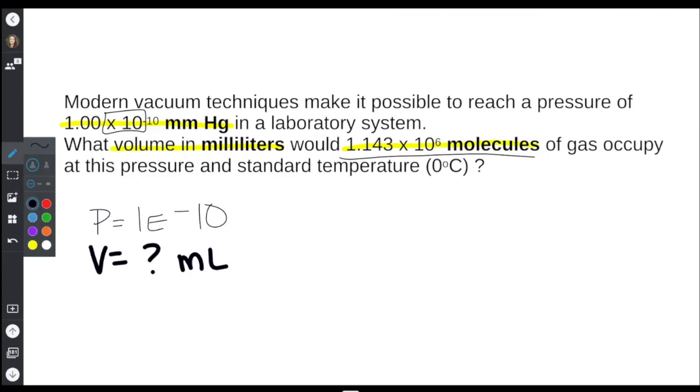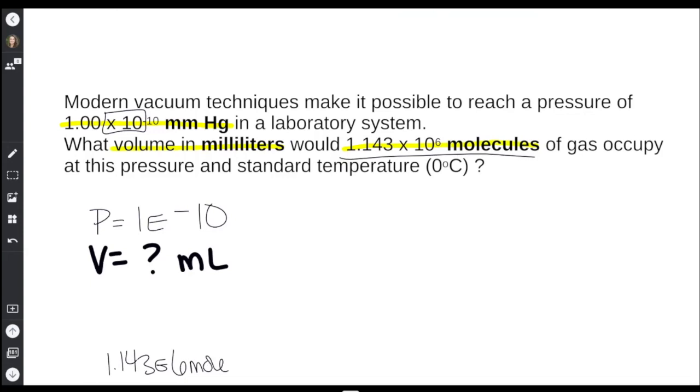So I'm given molecules, 1.143E6. And just write this down to the side. Molecules. All right? At this pressure, at standard temperature, which we know is what? 0 degrees Celsius or 273 Kelvin. Temperature equals 273.